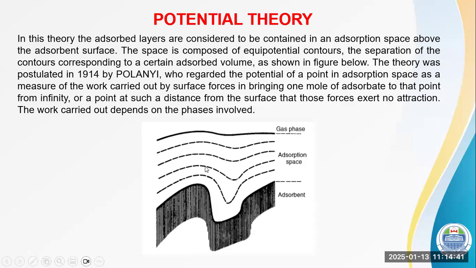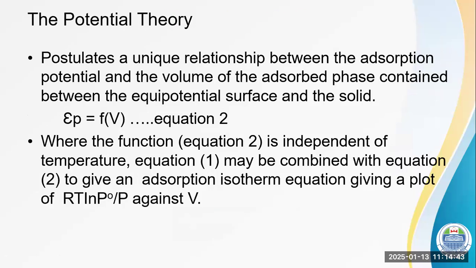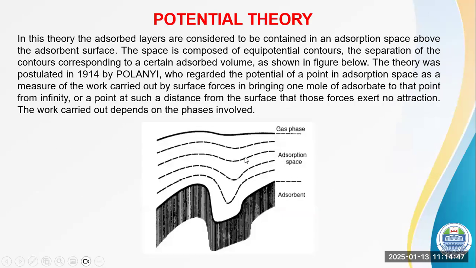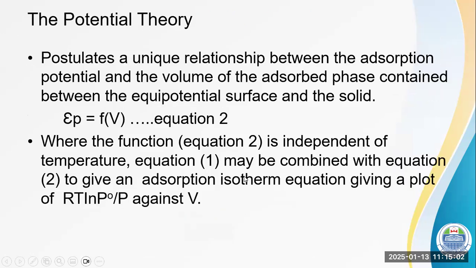And don't forget that he also regarded that there are forces that act on the one mole of adsorbent that is brought from infinity to here. So when it behaves like a liquid, what do we have?